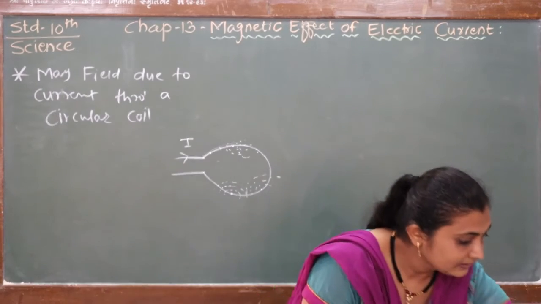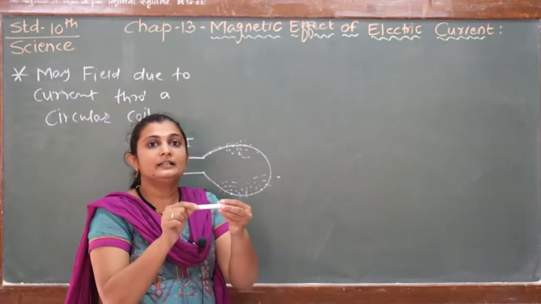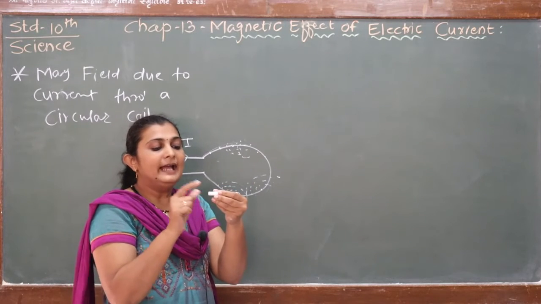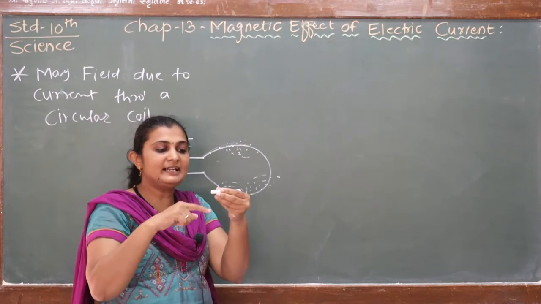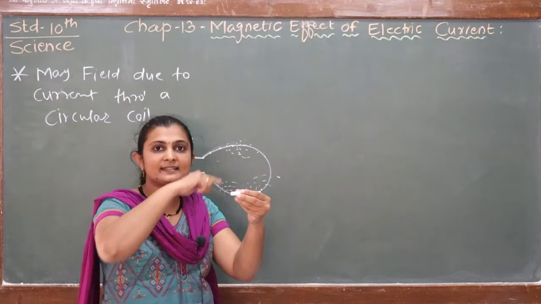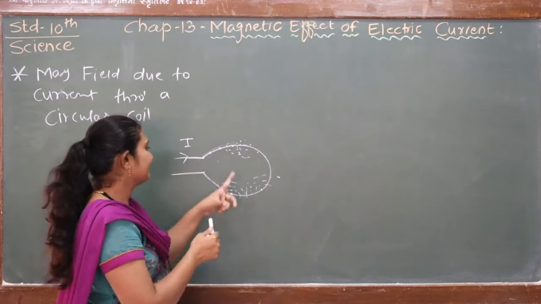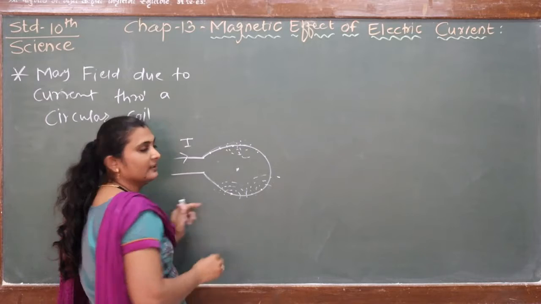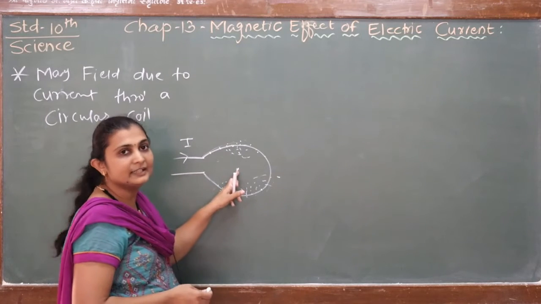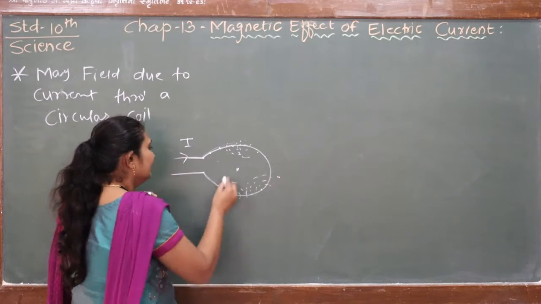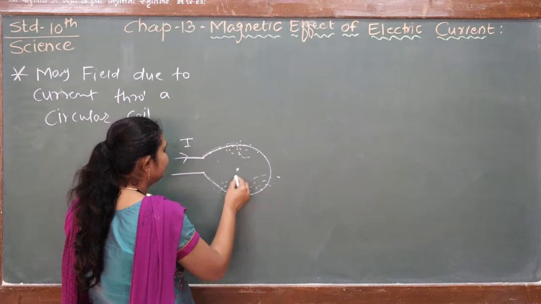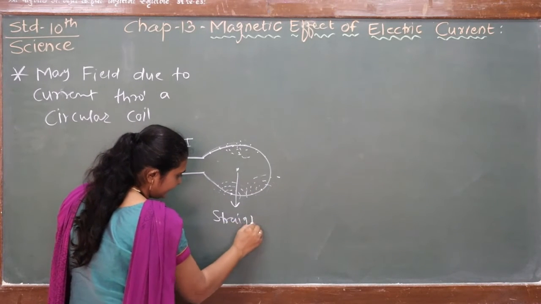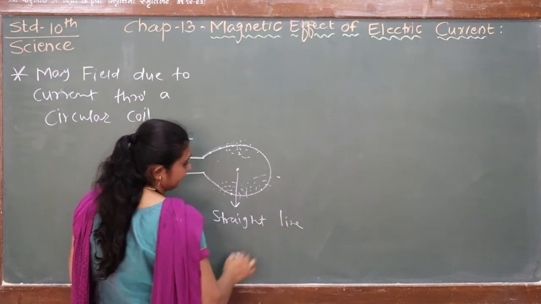Means consider any point of the circular loop, then at this point the magnetic field is like concentric circles, and those circles increase like this one. When you move towards the center of the circle, you have to see that at the center it is a straight line.